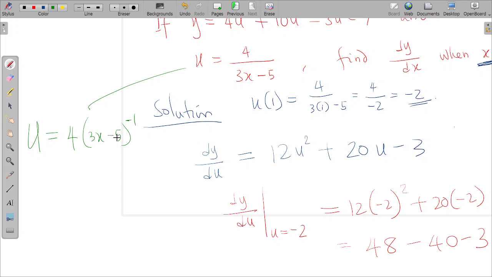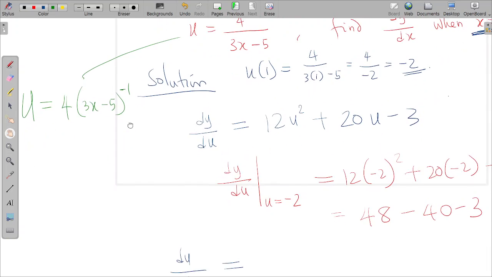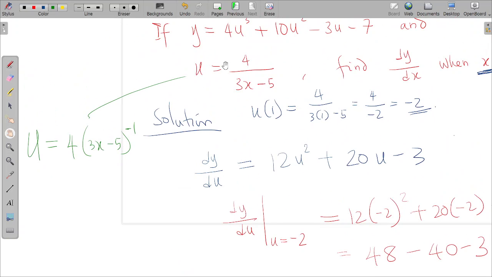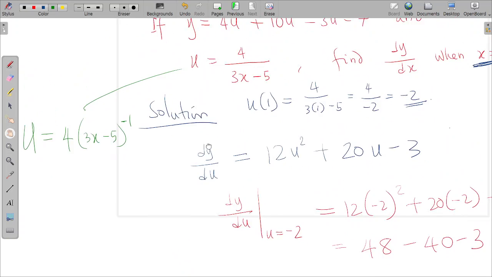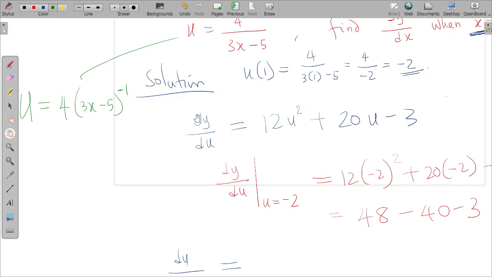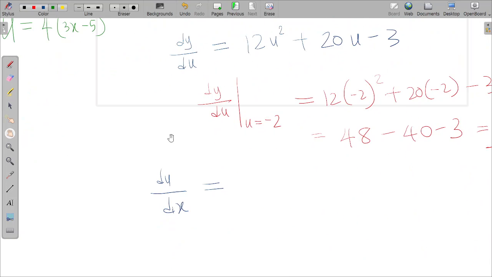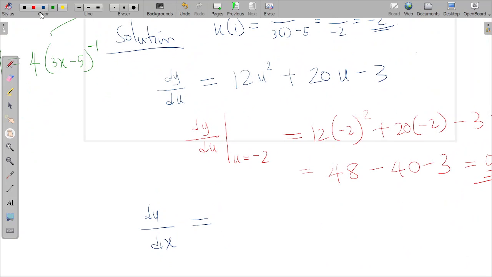It's easy to derive this way, so to say, but if not, you must use the quotient rule on this. If you don't want to turn it this way, then use the quotient rule and you can get it. But let's derive it this way.